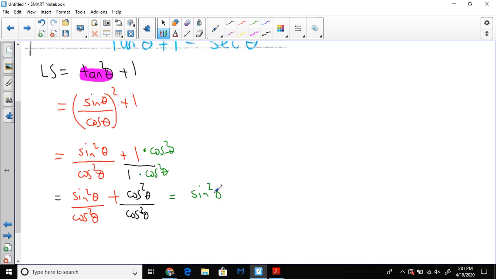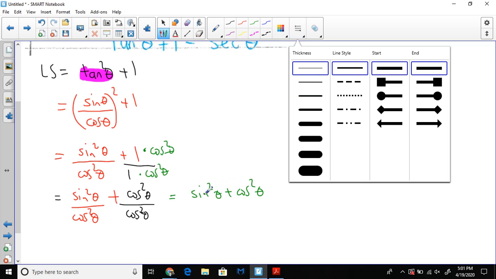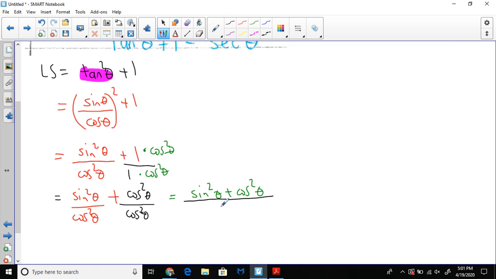And then I can write the top together: sine squared theta plus cos squared theta, all over cos squared theta. And then you say, well, if you remember, the top part is the Pythagorean identity.